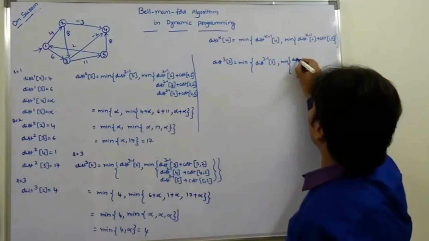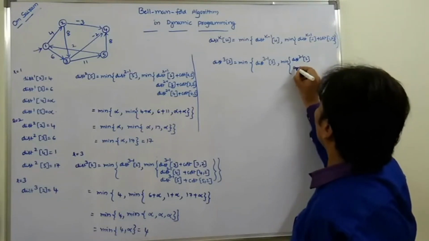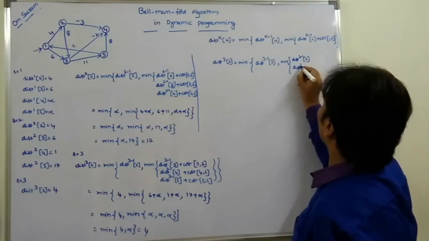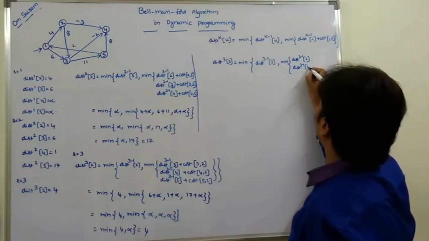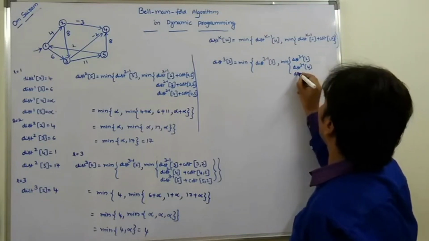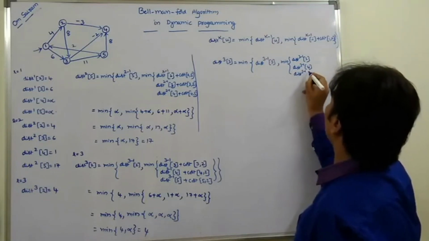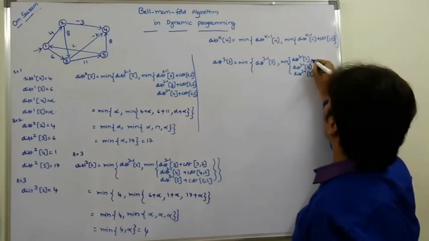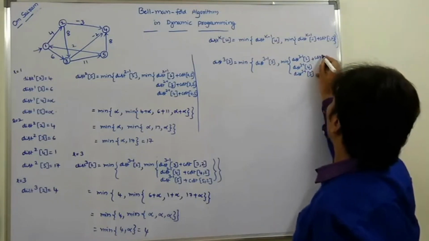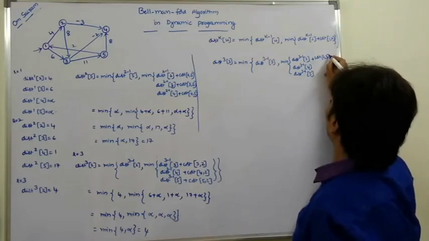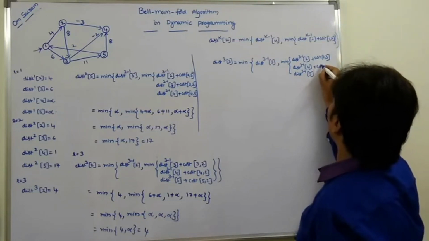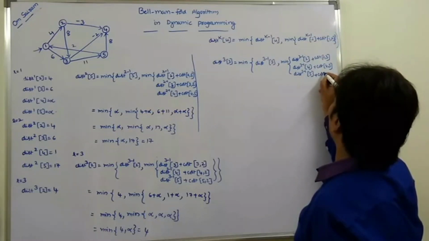So dist 3 minus 1 of 2, dist 3 minus 1 of 4, dist 3 minus 1 of 5, plus cost of 2 comma 3, plus cost of 4 comma 3, plus cost of 5 comma 3.